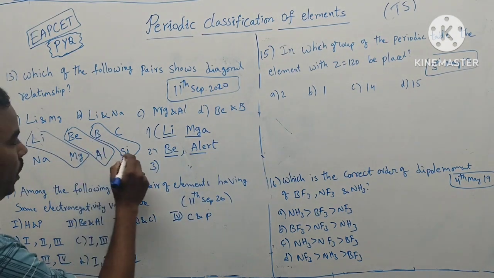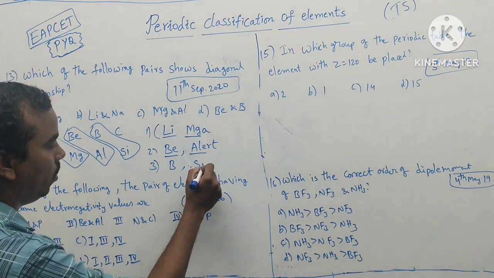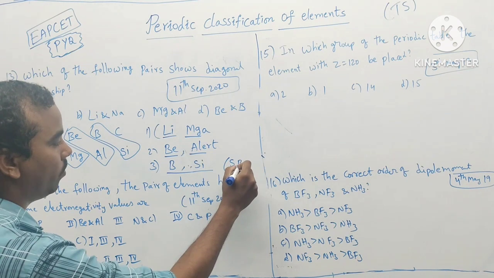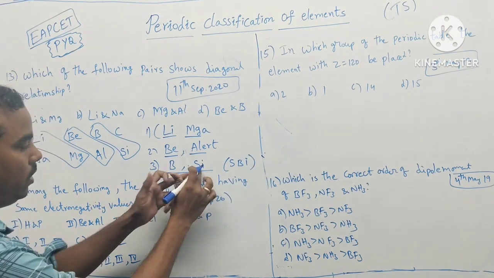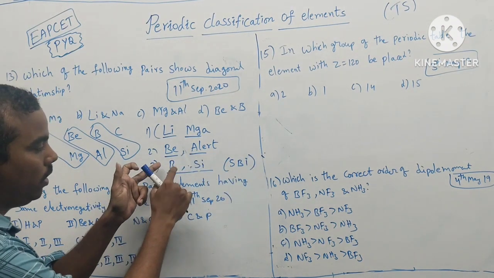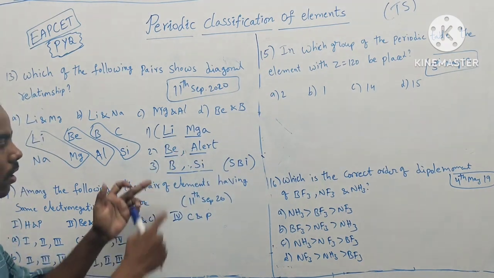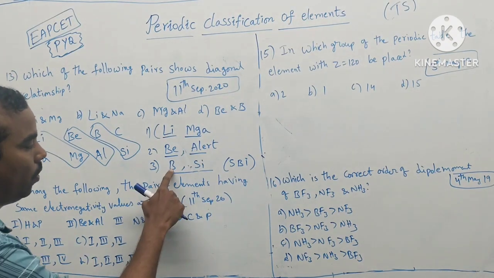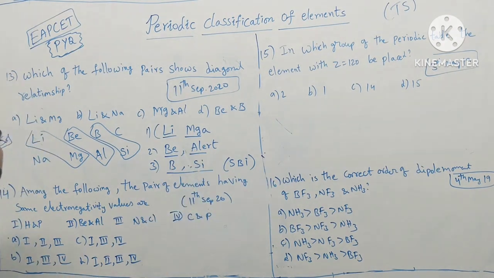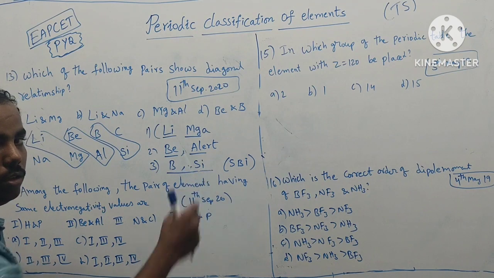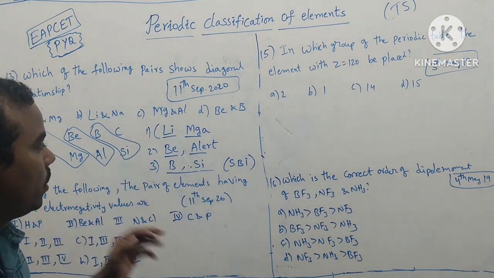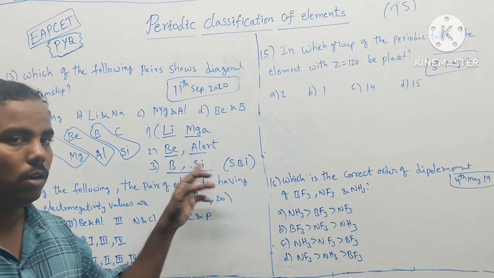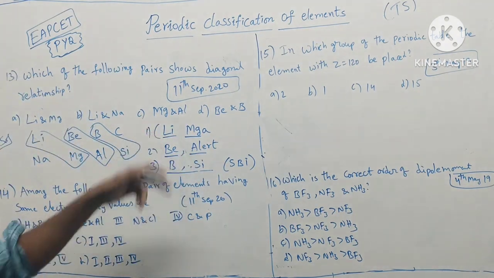Next, boron, silicon diagonally related elements, like BSI, border security of India. So three pairs are present: lithium and magnesium, beryllium and aluminum, boron and silicon. So these are all the shortcuts.